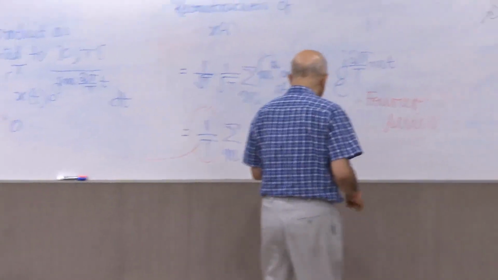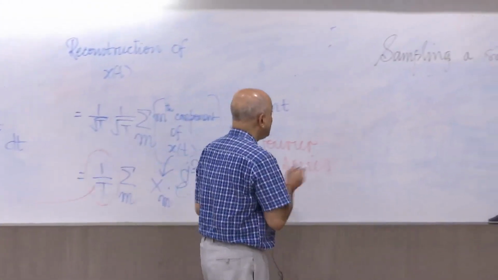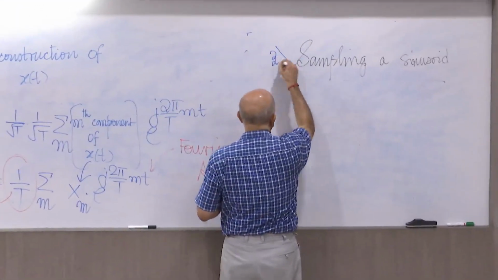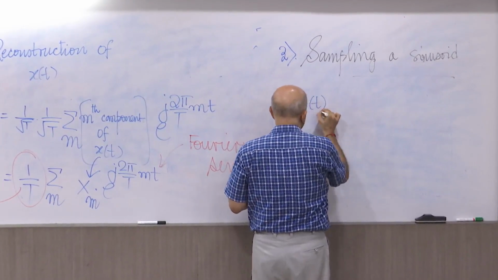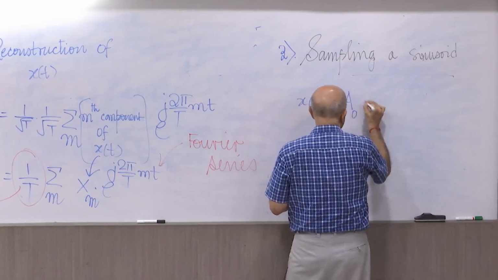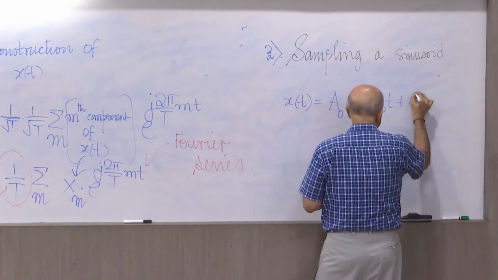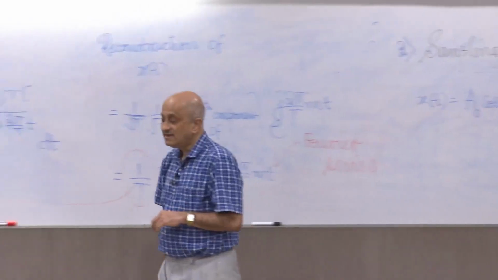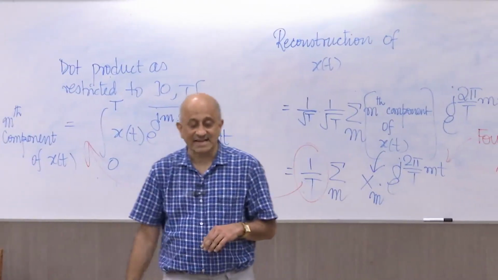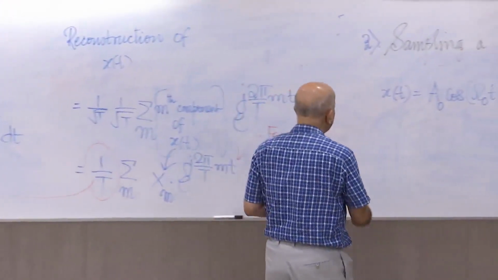Anyway, so suppose you had a sinusoid. This is the third question that we were trying to address, isn't it? So let's say you have an x(t) which is described by A0 cos(omega0 t + phi0). Now instead of describing the signal at each time, let's take only samples of the signal at all multiples of some time interval.